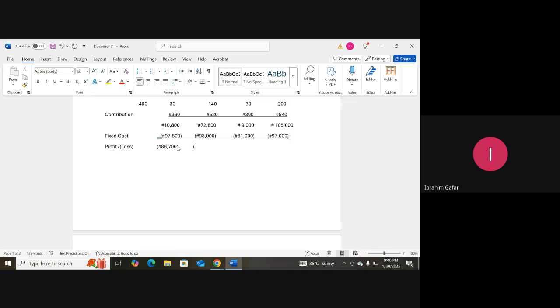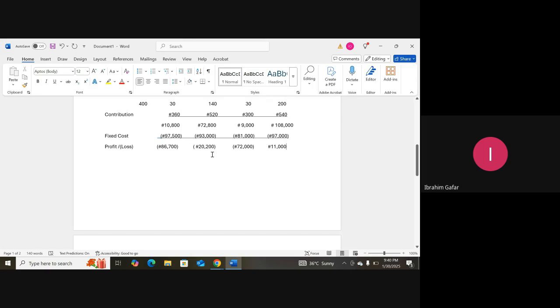Okay. This one is also loss. How much? 20,200. For C, 72,000, loss as well. Yes, sir. Okay. For D, profit. Profit of how much? 11,000.